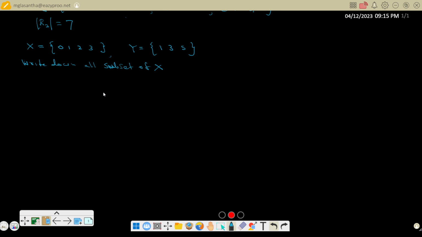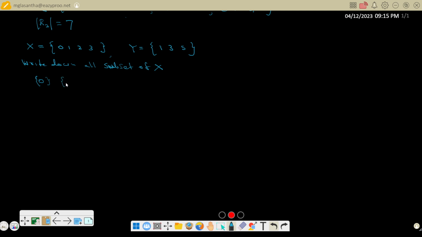Can you write down all subsets of X? All possible subsets. If you take 0, is it a subset of X? Yes, it's a subset.